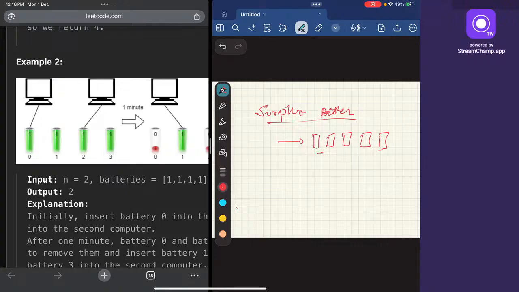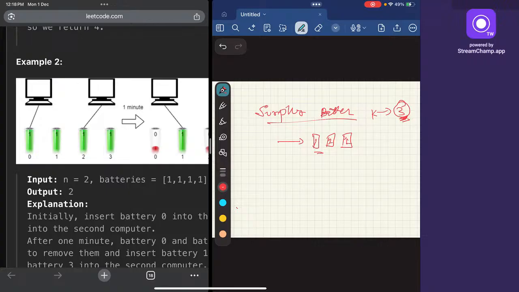This will give us an advantage. If we have k batteries with sum 3, we will treat them as 3 batteries, each with one quantity.